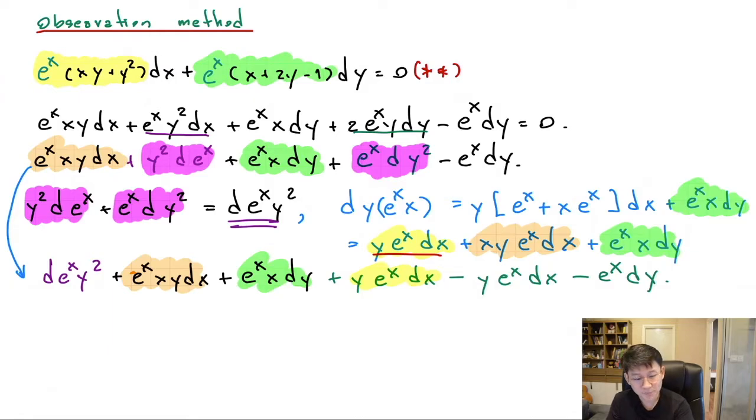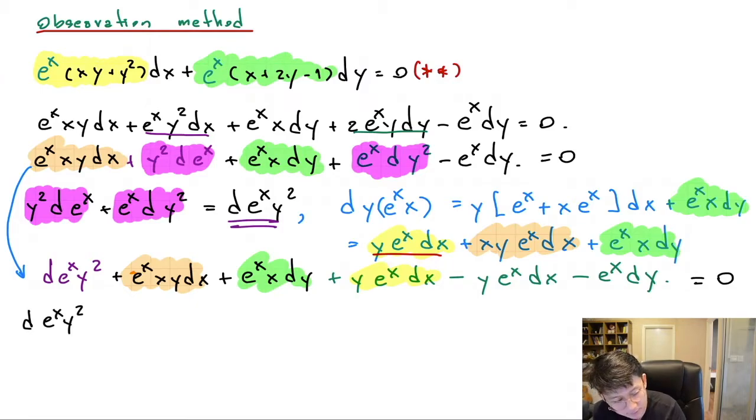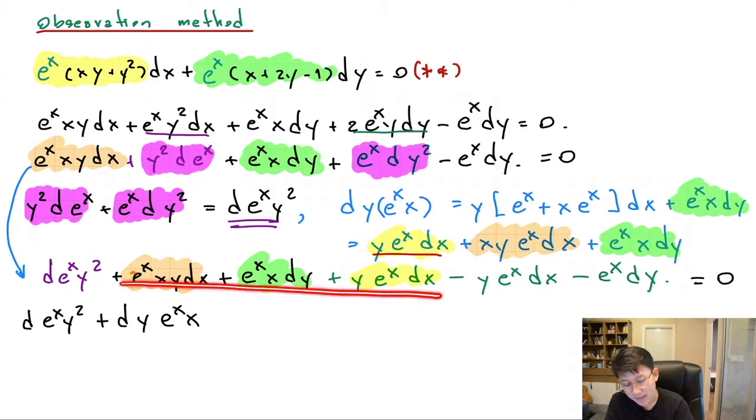Okay. So in that case, I can write this equation as equals 0, though I forgot to write that. I can write this equation as d of e to the x y squared plus d of y e to the x. Right? These three terms combined and become this term. Okay? I told you, it's easier to use the direct method.